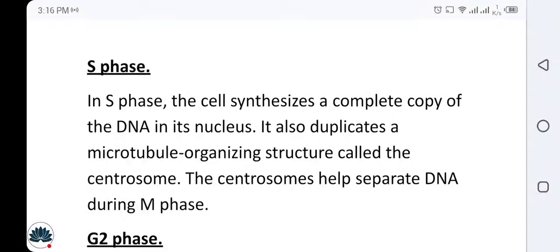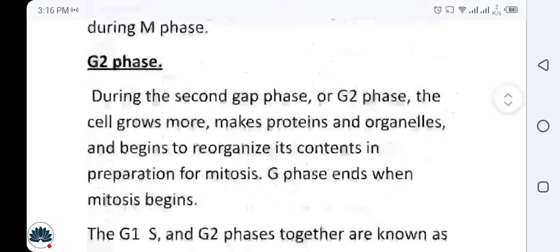So the centrosomes help separate DNA during M phase. M phase is basically the mitotic phase. Alright, so what do the centrosomes mean? I'll help you understand from the diagram, so it could be more clear to you that the centrosomes are microtubule organizing structures. They form the microtubules.